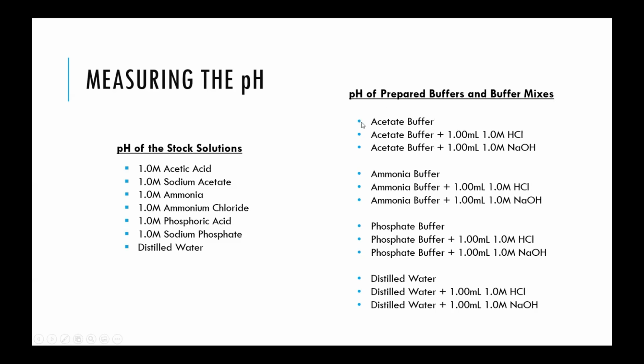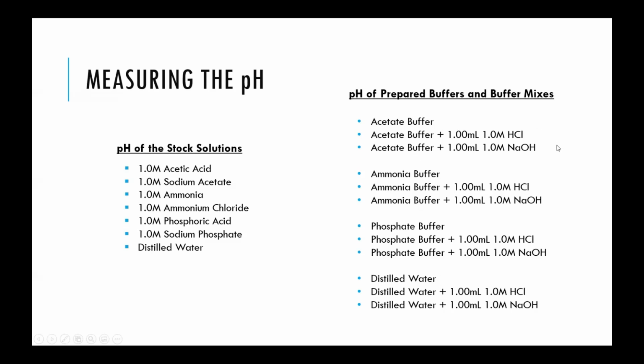In each case, you're going to take 50 milliliters of your prepared buffer and put that into 2 different flasks. To one of the beakers, you'll add 1 milliliter of 1 molar hydrochloric acid and record the pH. And to the other, you'll add 1 milliliter of 1 molar sodium hydroxide and record the pH. You're going to do that for all 3 of your buffers as well as for plain distilled water.